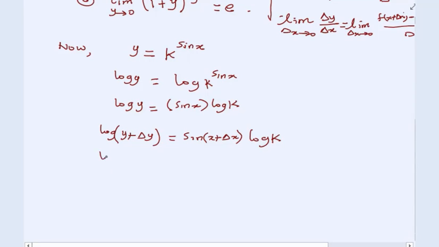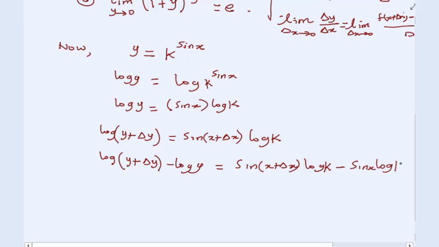I will have log of y plus delta y minus log y equals sine of x plus delta x times log k, minus, now don't forget, log y. Log y is sine x log k, so I have a minus sine x log k.